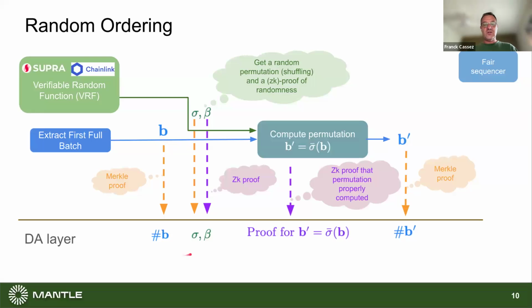Another thing you can do is to have an overlap. In the process I've described so far, you take a batch and it's fully randomized. But sometimes you would like a few transactions in a batch to be in the same order that they were at the beginning. You can still do that.